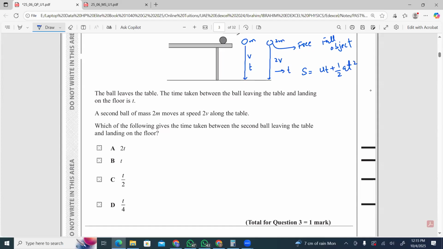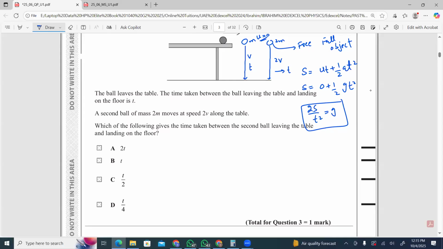And since the body is starting from rest, your initial speed is 0 here. So you just put 0 here, and it will turn out to be a half, and the body is coming down, so your acceleration has to be replaced with the gravitational acceleration. From here, I am getting 2s over t squared equals g.